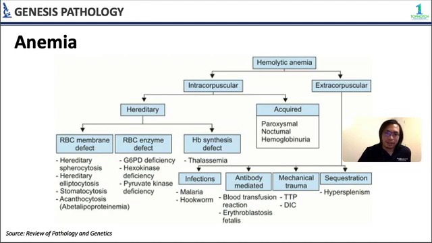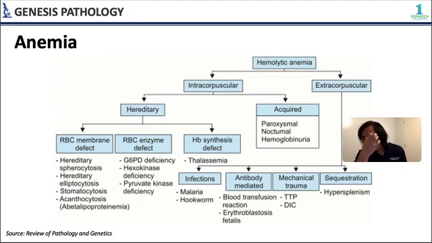Okay, osmotic fragility testing. Okay, RBC enzyme defect, G6PD deficiency. We discussed this sa previous biochem sessions natin. No, I will not reiterate yung G6PD deficiency. Madali lang yan. Hexokinase deficiency, pyruvate kinase deficiency can also cause hemolytic anemia as well.